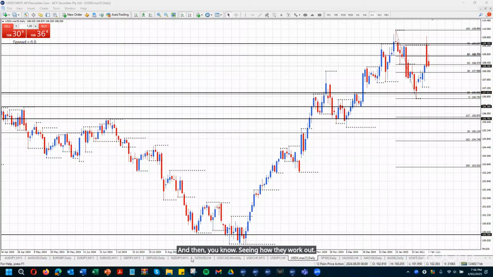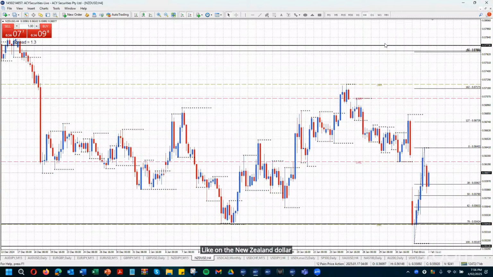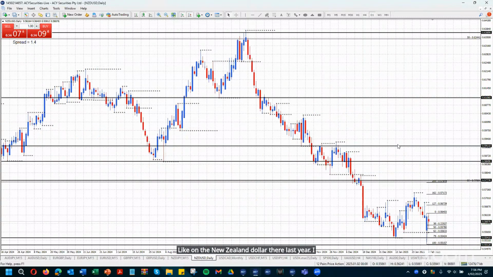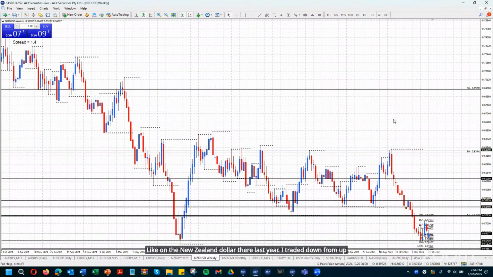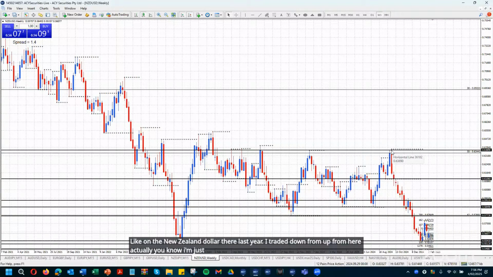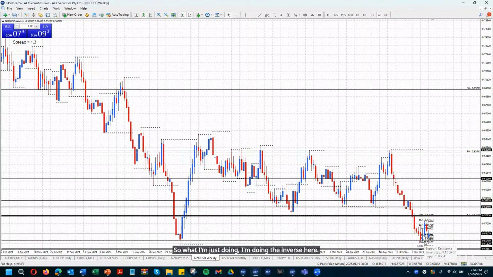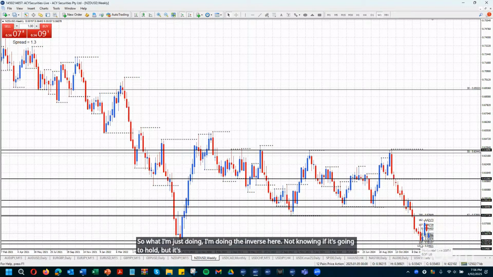Like on the New Zealand dollar there, last year, I traded down from here. Actually, I'm just trading there. I didn't know it was going to hold, but of course it moved down. So what I'm doing is the inverse here. Not knowing if it's going to hold, but it's a major level that has a high chance of holding, and is it going to move back up?